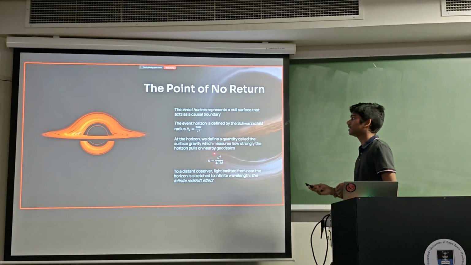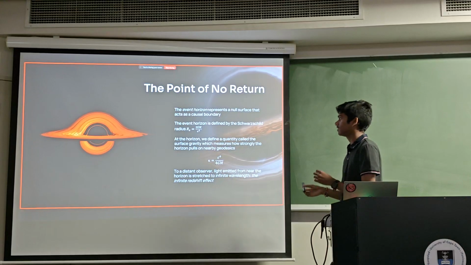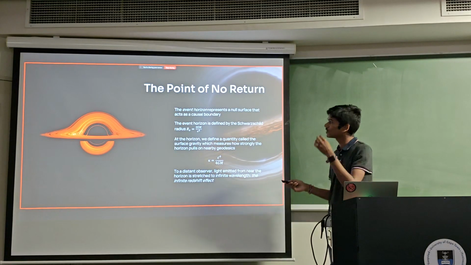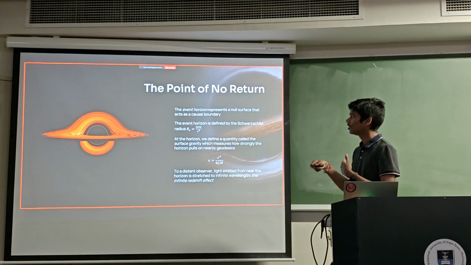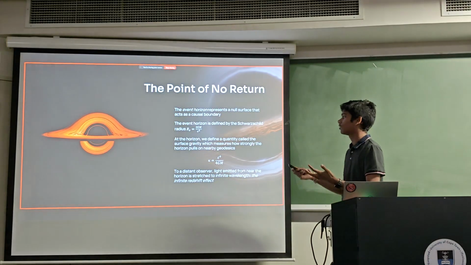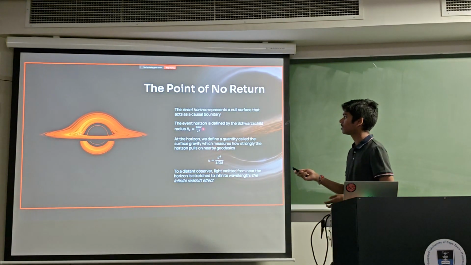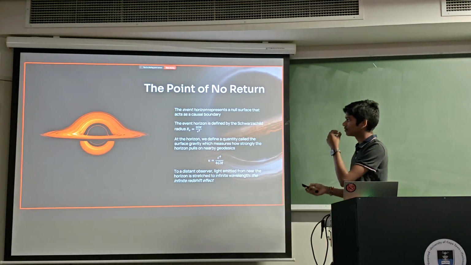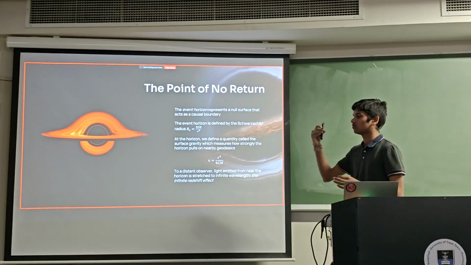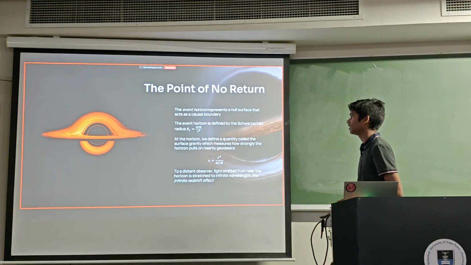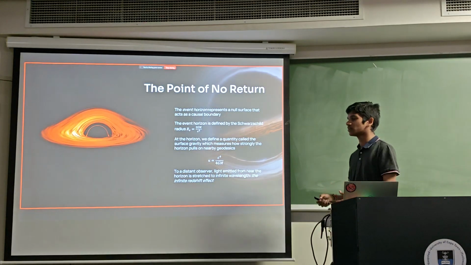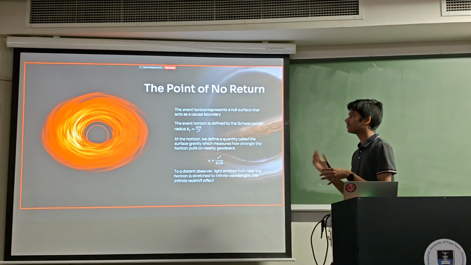Mathematically speaking, the event horizon is defined by the Schwarzschild radius, which is proportional to the mass of the neutron star, or the black hole. In this case, G is the gravitational constant, and c is the speed of light. So it simply depends on how big the black hole is. At the horizon, we define another quantity as well, called the surface gravity.